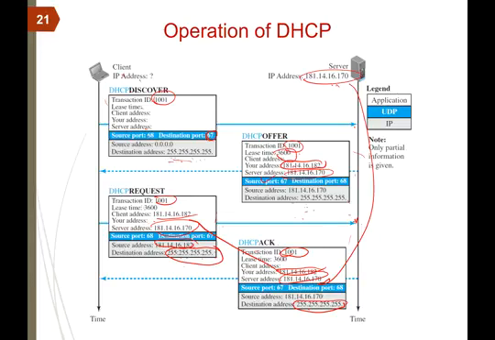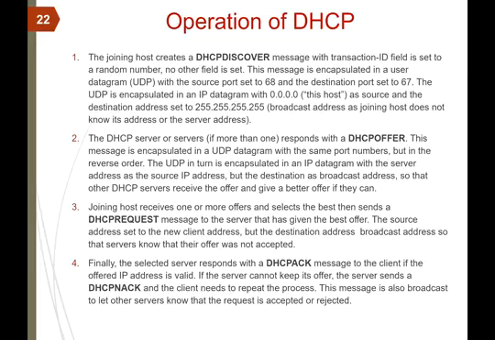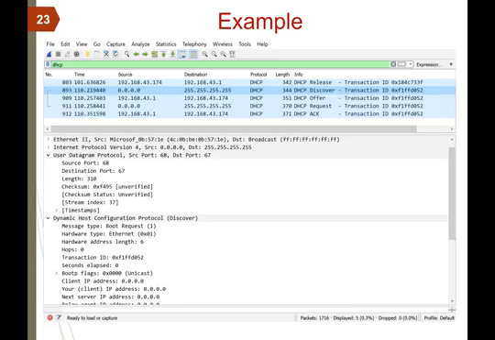Of course, if the other servers on the network see this DHCP acknowledgement, they will no longer send DHCP offers to this client, because they know this client is now assigned an IP. This is how DHCP works. This is the exact explanation as we did.